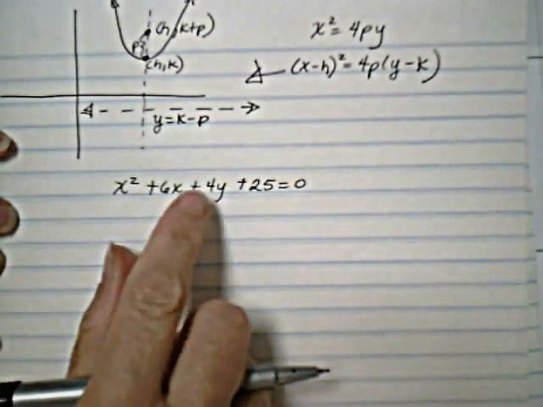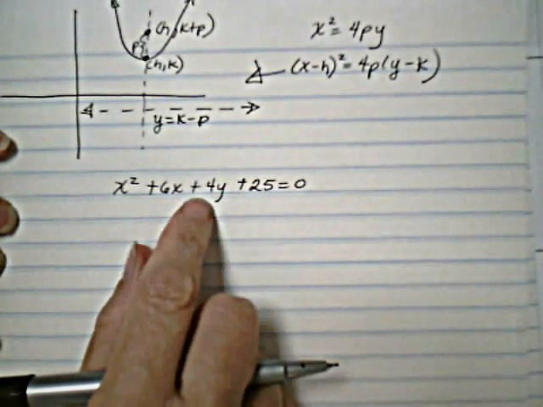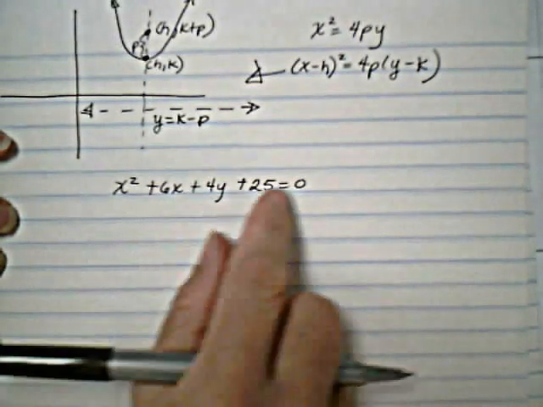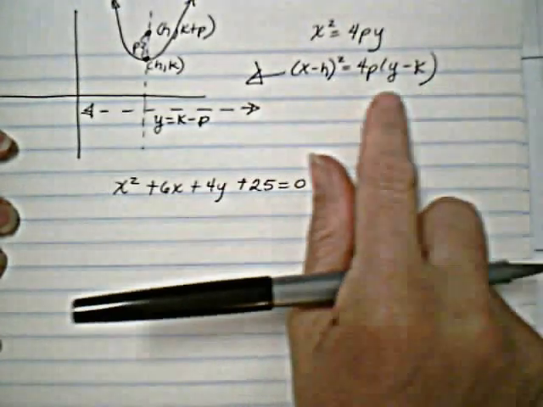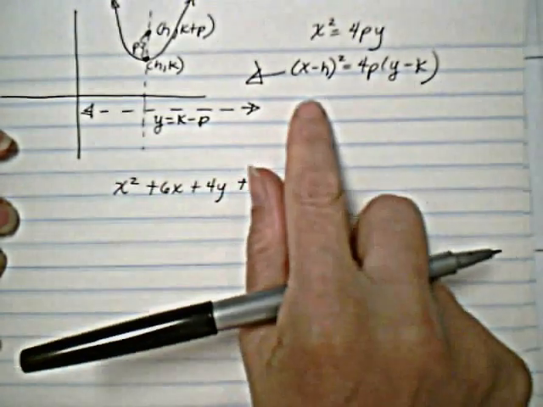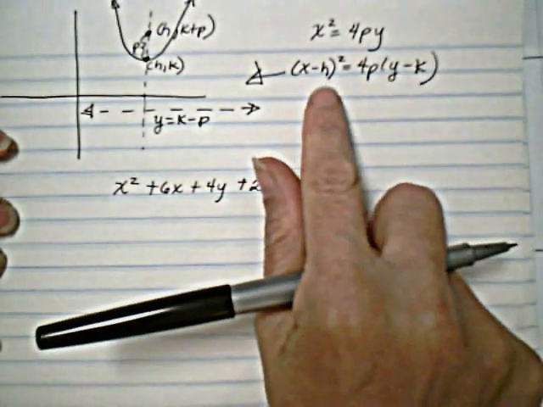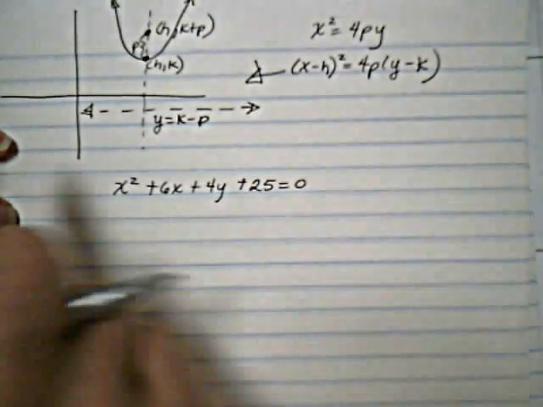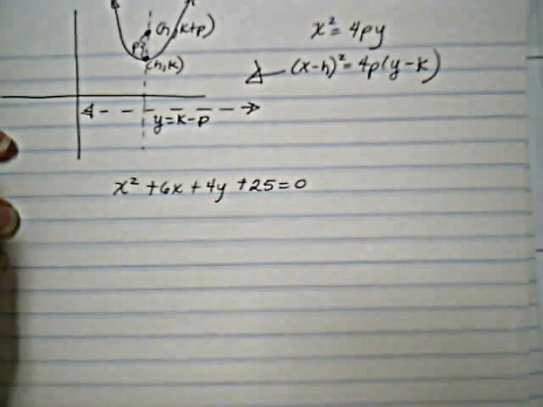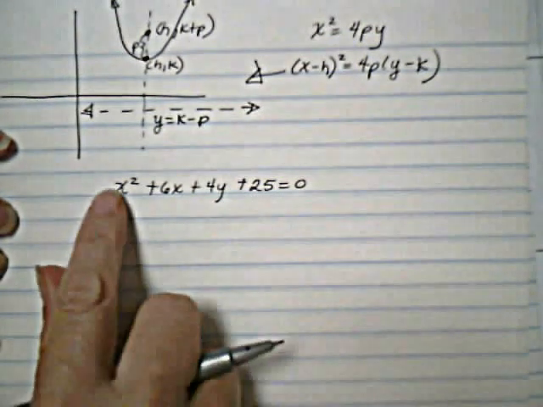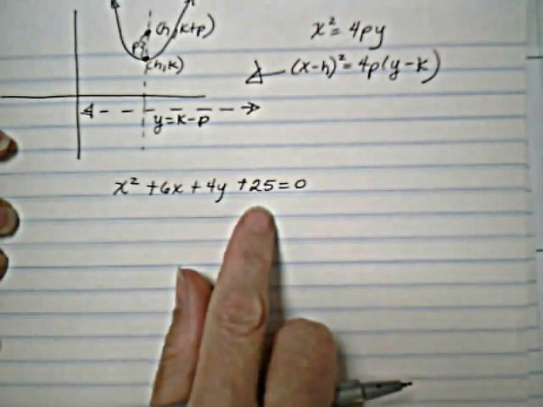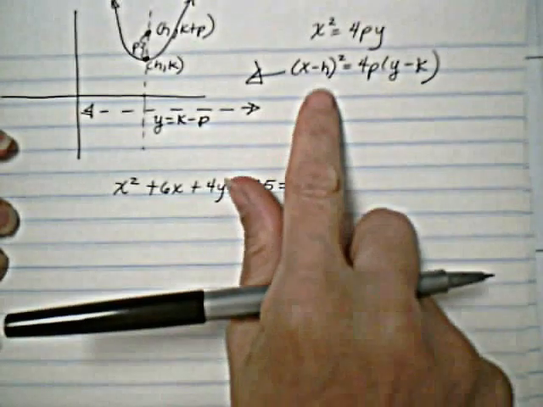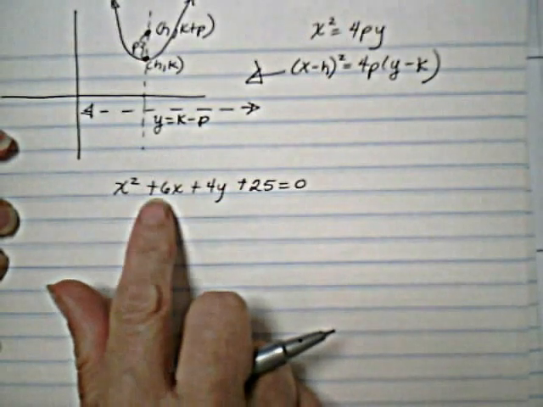The first thing I want to do is it's always about getting it in the right format. So the first thing I'm going to do is try to get it to look just like this. Once I have it in this format, then I can pull off my h, my k, and my p, and those are the pieces I need to find all those parts of my parabola. Now, this is kind of messy. So what I need to do first is I want this to be a perfect square trinomial on this side.